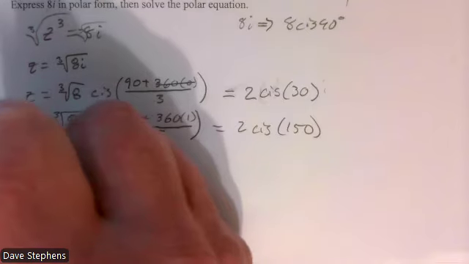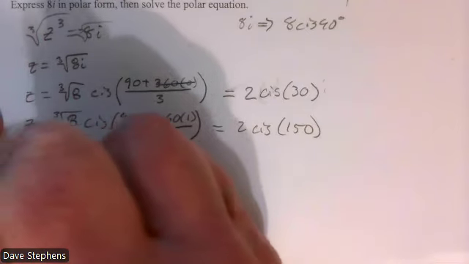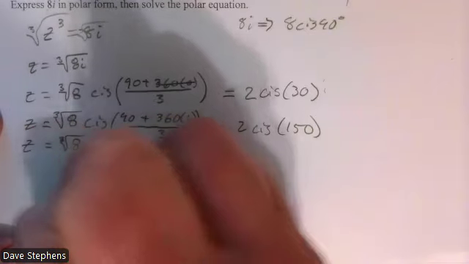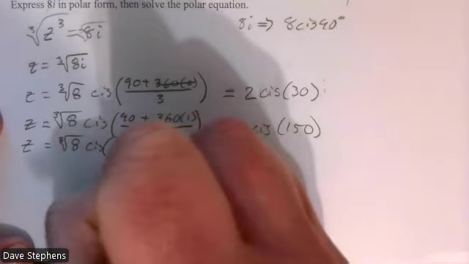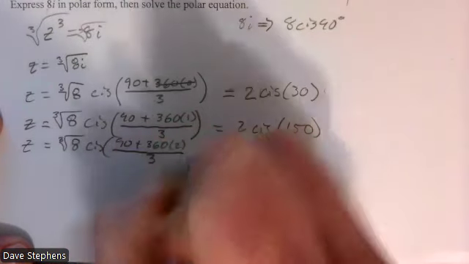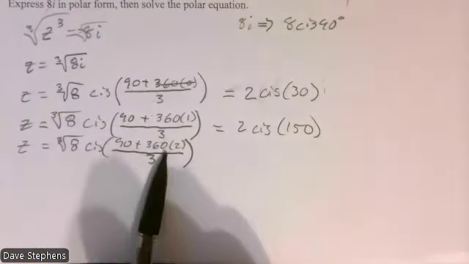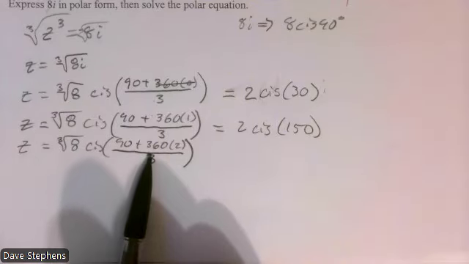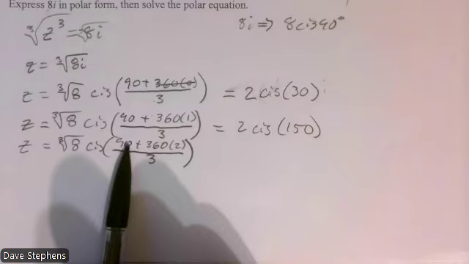The third one, the cube root of 8, did it again, CIS, we get 90 plus 360 times 2 all over 3. Oh man, do I really want to do that? So 720 plus 90 is 810.